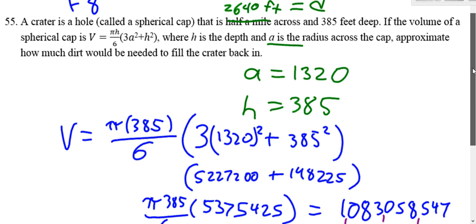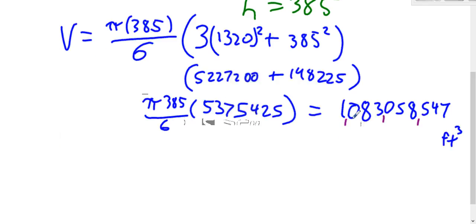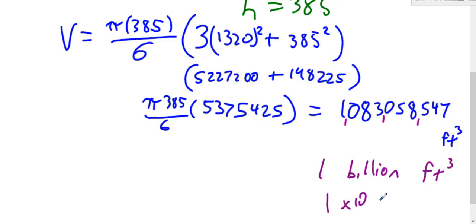So if it was just an approximate, we could round that to about, let's see, that's 1,000, million, 1 billion cubic feet. Or you could say 1 times 10 to the 9th.